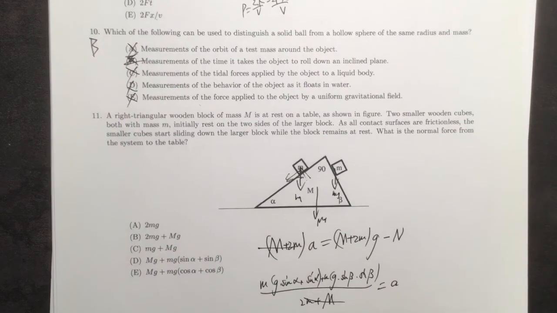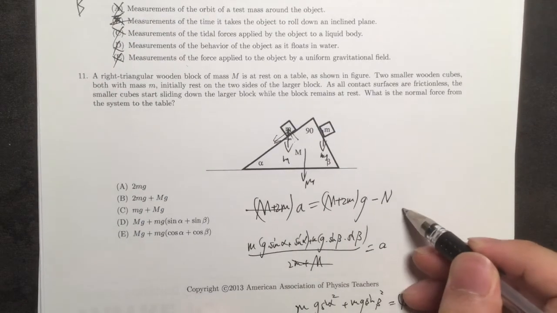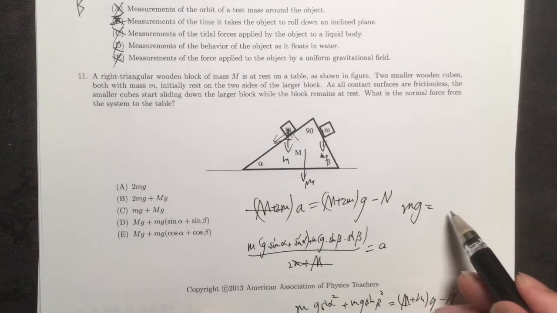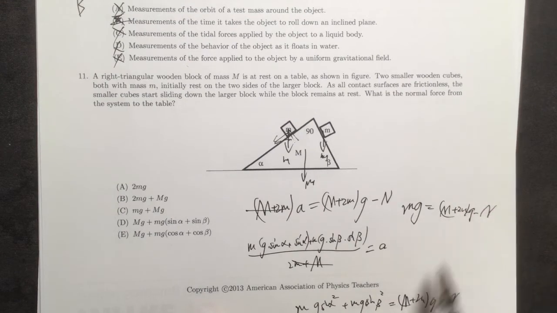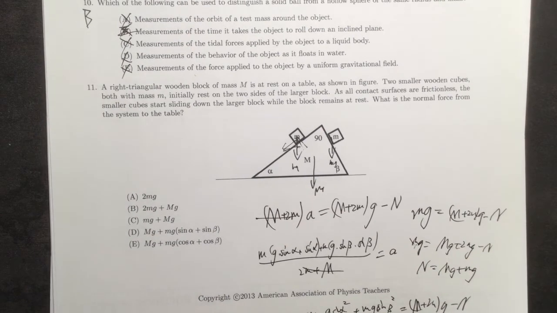So sine of alpha squared plus cosine of alpha squared has to equal 1. So here we simplify the equation to m times g has to equal m plus 2m, g minus n. So what is n equal to? Well, mg is equal to m times g plus 2mg minus n. So n is equal to mg plus mg. What is mg plus mg? Here, C is the answer.